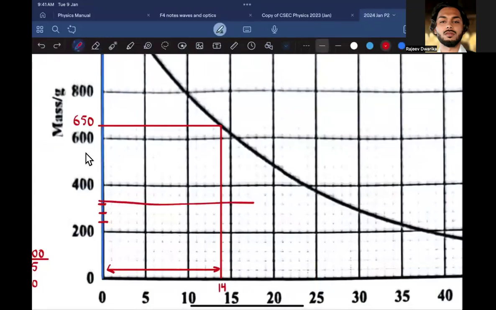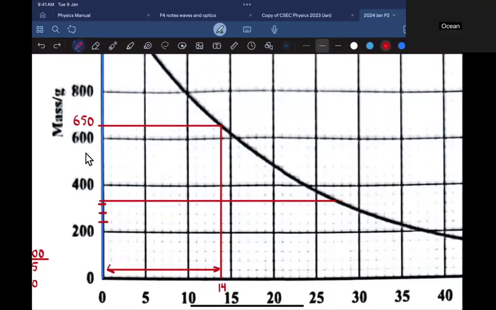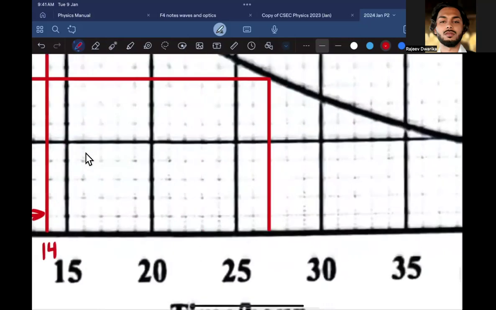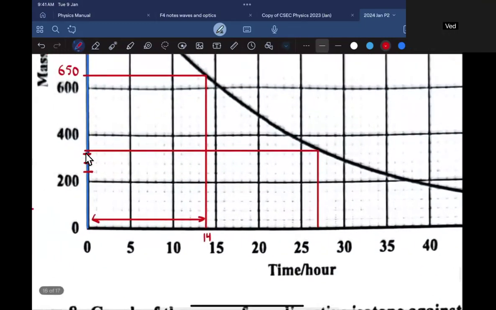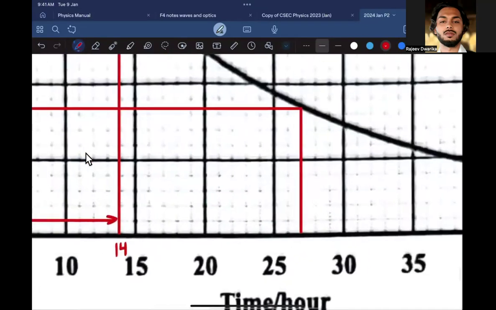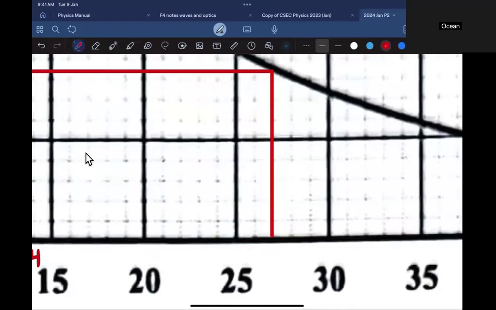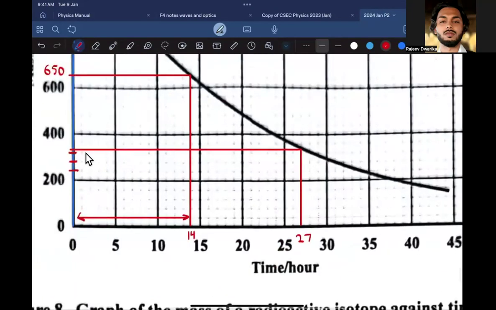Agree? Yes, sir. And we'll take a reading off here. Is the answer going to be 27? Am I going to say 27? Nope. Ocean, were you going to say yes? Yeah, it looked like it was 27.